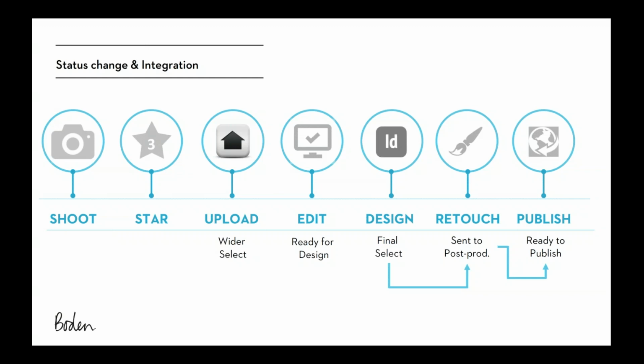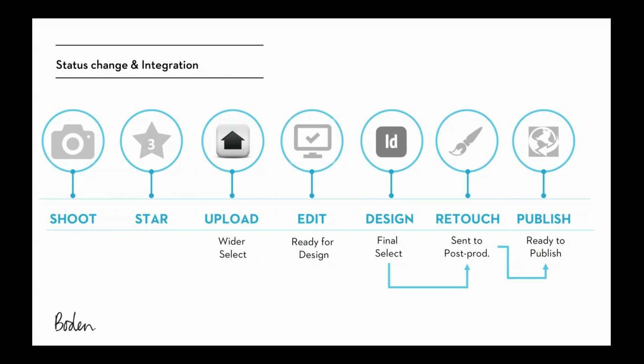So once the art directors have done their editing, the images are uploaded onto the DAM. As I said earlier, on ingest, it's able to read the image name and starts adding metadata from the image name, but also what was captured on shoot gets added here. So the images on upload, we've given them a status of wider select.